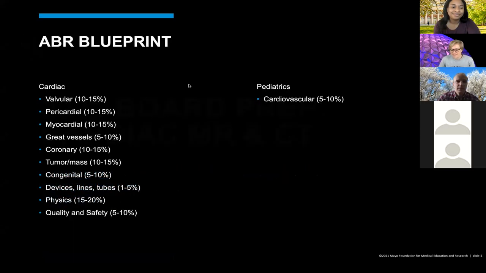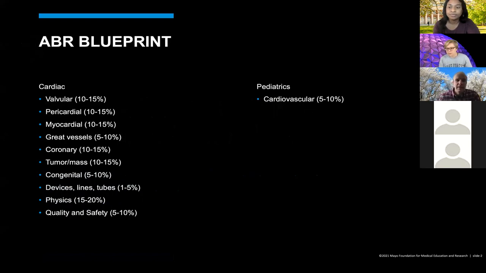And so, the cases that I will be showing today, I try to represent the various areas that are in the ABR blueprint.